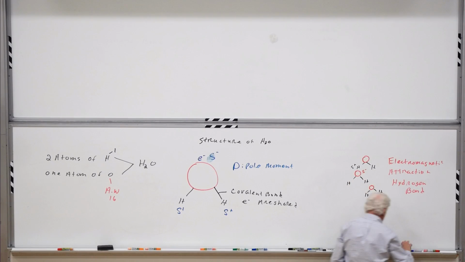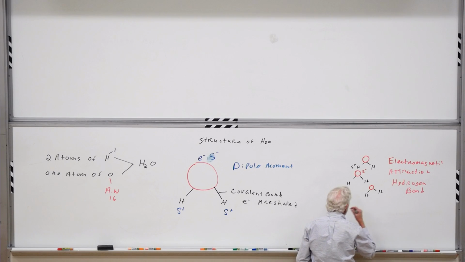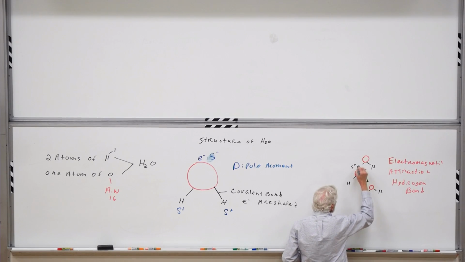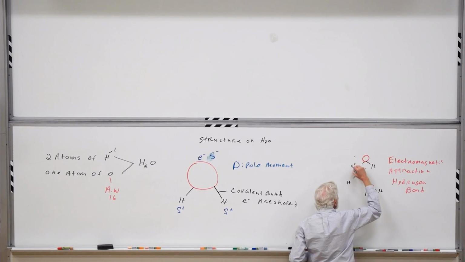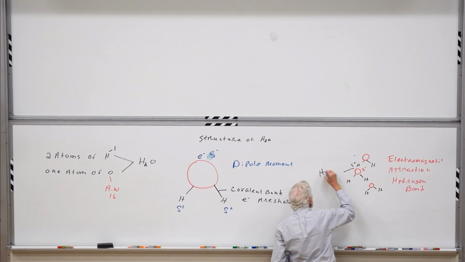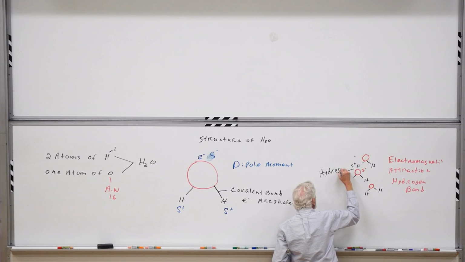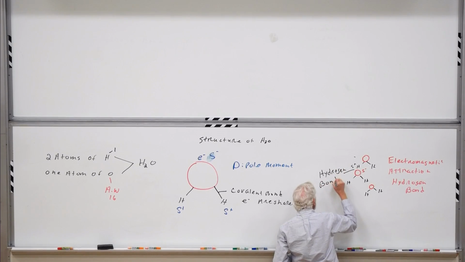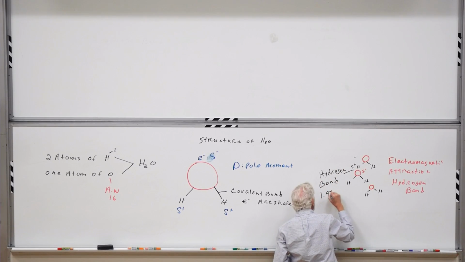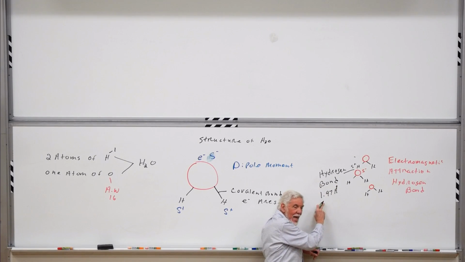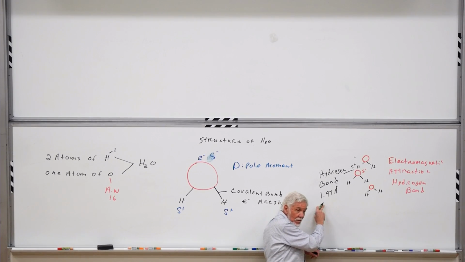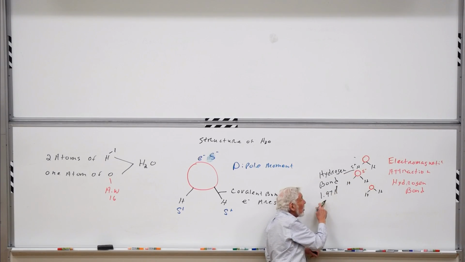Now, don't memorize these numbers, but I found it sort of interesting to look at these. A typical hydrogen bond is 1.97 angstroms. This is 0.197 nanometers. A nanometer is a billionth of a meter. These are tiny, tiny distances. And these average distances of 1.97 angstroms don't last very long.